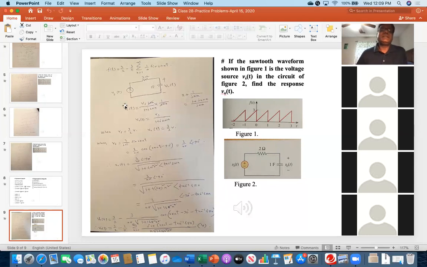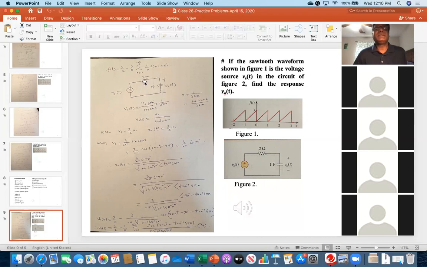Now everybody see the solution. I have redrawn the diagram. Your goal is to find V0, provided that is the input Vs. First, I am converting this circuit into the phasor domain.